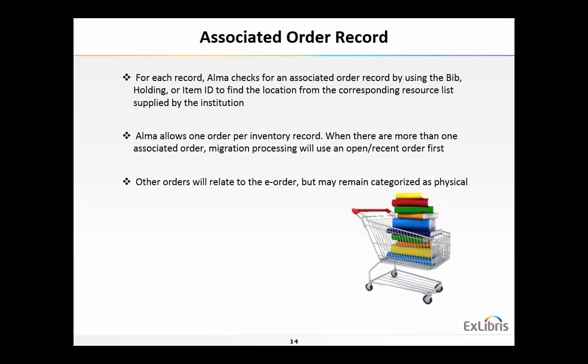When there are more than one associated orders for the same resource, for example, there was an e-resource ordered from one vendor, canceled, and then ordered from a different vendor, migration processing will use an open or recent order first. If there are multiple orders found, they will relate to the e-order. However, they will remain categorized as physical in Alma. A more detailed explanation of associated order system migration logic will be shown in the next slide.